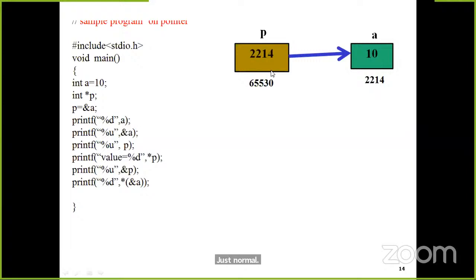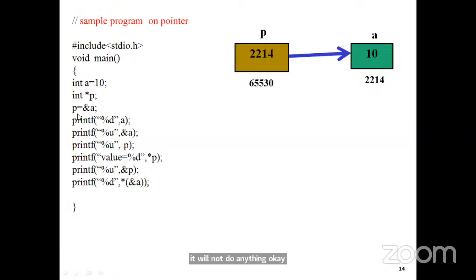Okay. So whenever you write P equal to address of A, that means in P, what will it store? This 2214 is the address of the A variable. So P equal to address of A. I hope up to now you understand how the variable A is created, and that the pointer is a pointer variable.